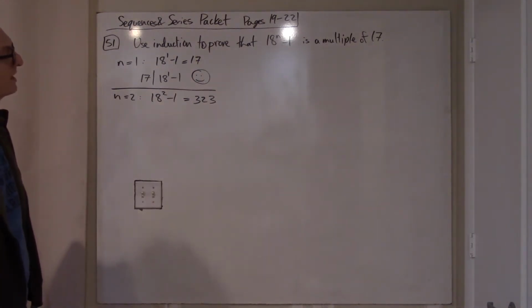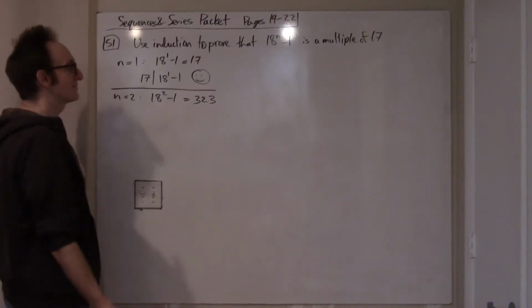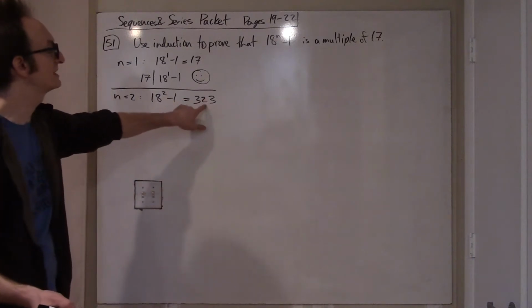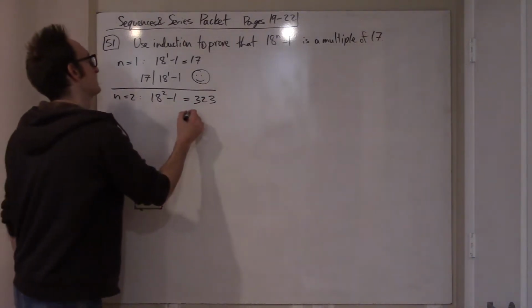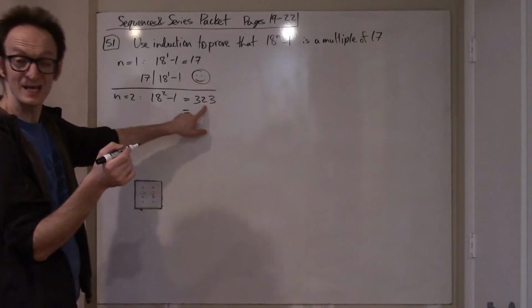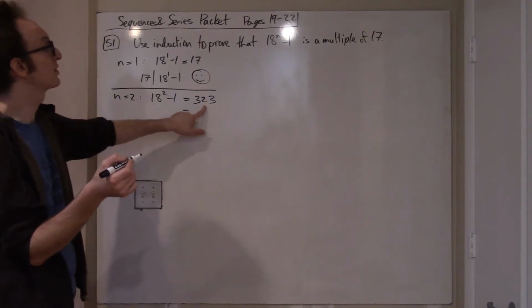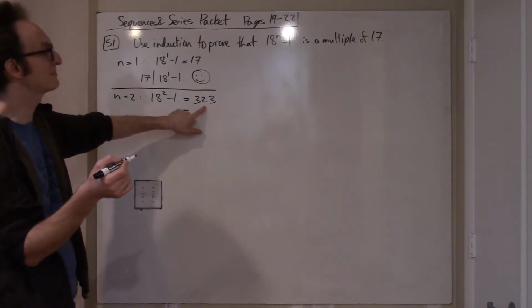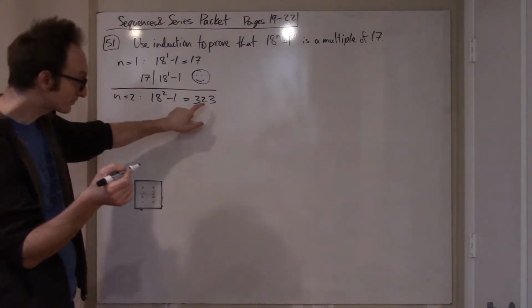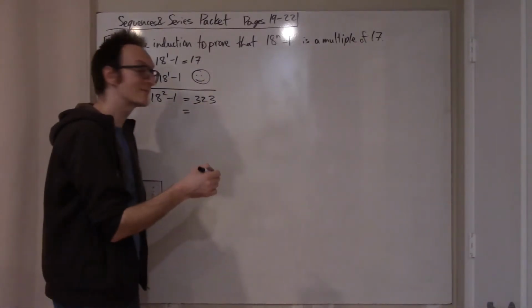All right, now I personally do not know my 17's times tables, but if I add 17 to this, then I get 340. And 340 is 34 times 10, or 17 times 2 times 10. So 340 is 17 times 20.